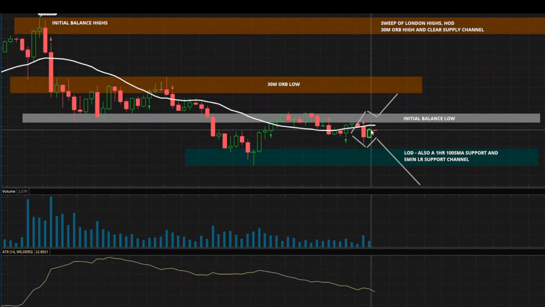You can see here, going to the left of the screen, that we had a lot of resistance in that zone. So if we had a lot of resistance in this zone prior, which is also the initial balance low, which was acting as an area of support, it now turns into a new area of resistance.